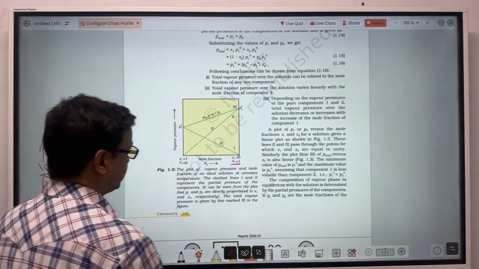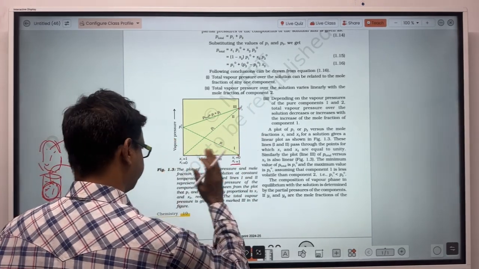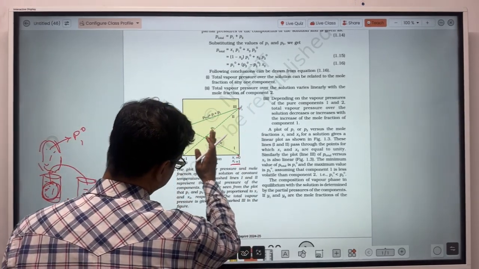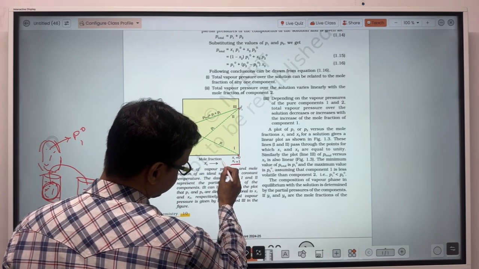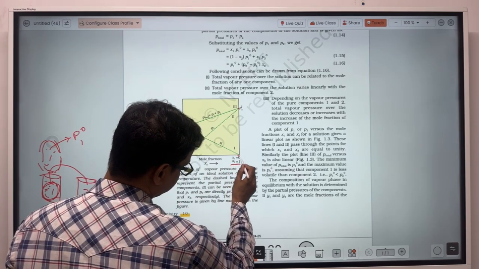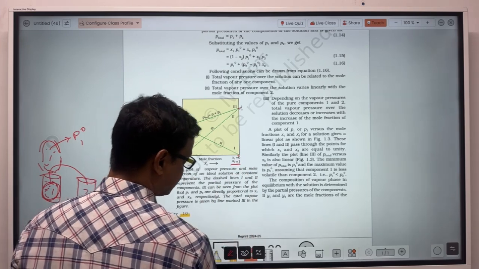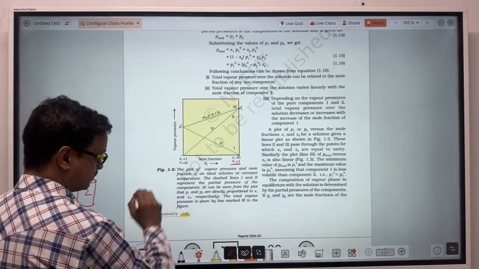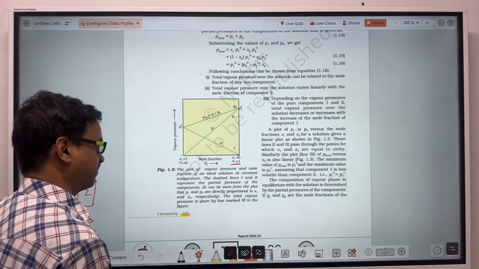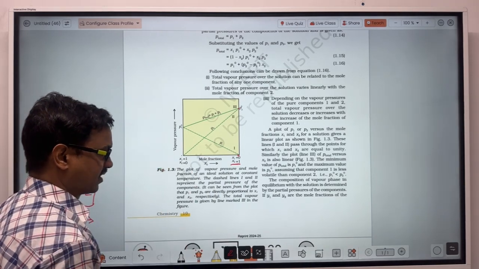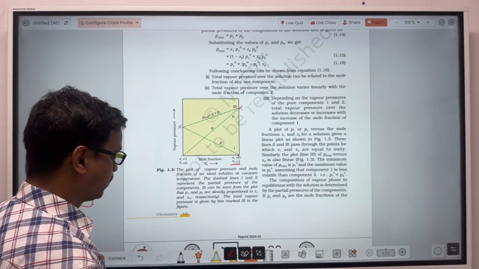Now in the same way, when you proceed from right to left, the vapor pressure of liquid 1 will increase, and the mole fraction of liquid 2 will decrease. At this state, the mole fraction of liquid 1 is 1, and the mole fraction of liquid 2 is 0.